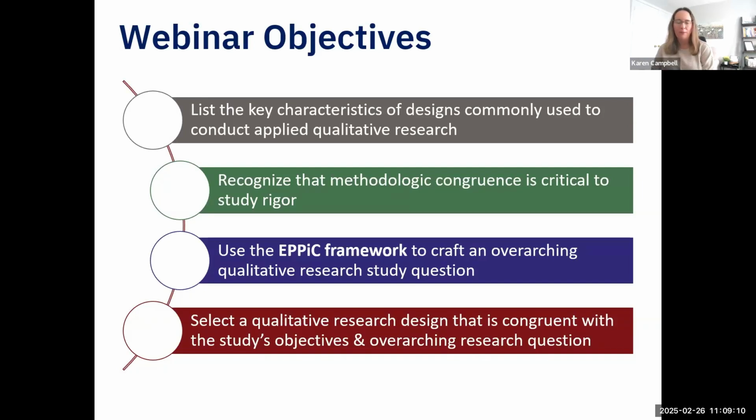So a team with Susan Jack and some other really great qualitative researchers at McMaster University and Brock University. We've developed an EPPiC framework to help craft a really good qualitative research question, which absolutely helps. And then to look towards that design and what that might look like. So those are my goals for the next little bit.